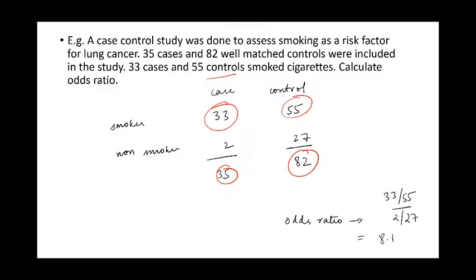So clearly this 82 is the number that we have chosen, and hence incidence won't work here. And it's a case control study, so we automatically use odds ratio. So odds ratio for this would be AD by BC, which is 33 into 27 divided by 55 into 2. So we'll get a value of 8.1.